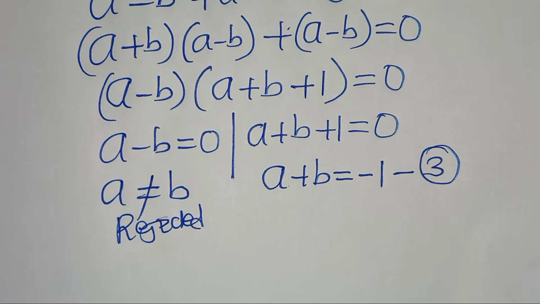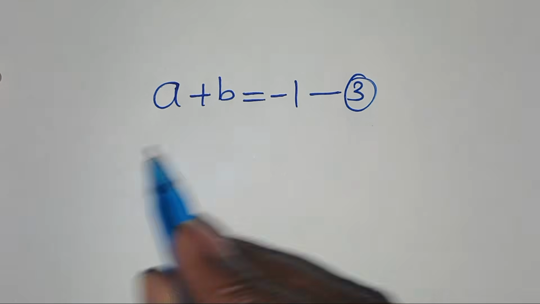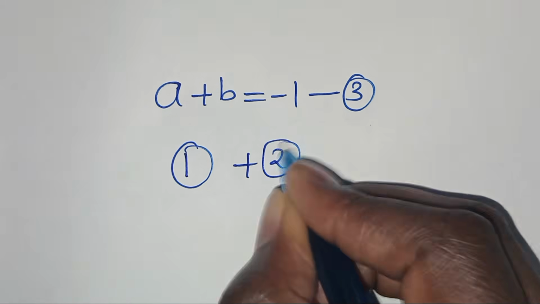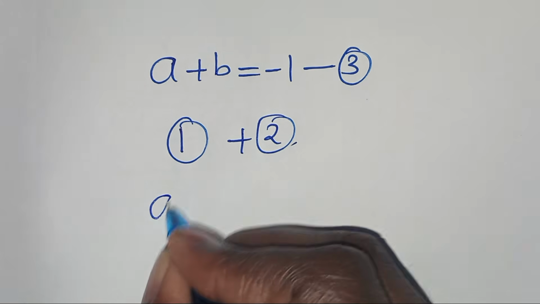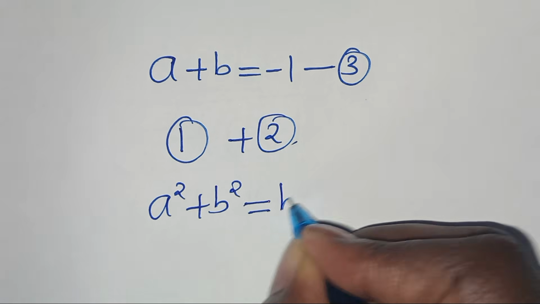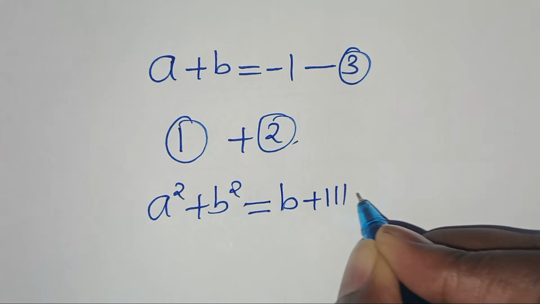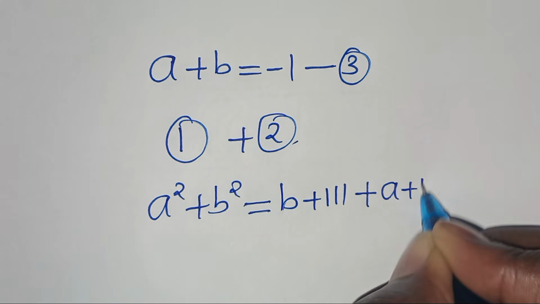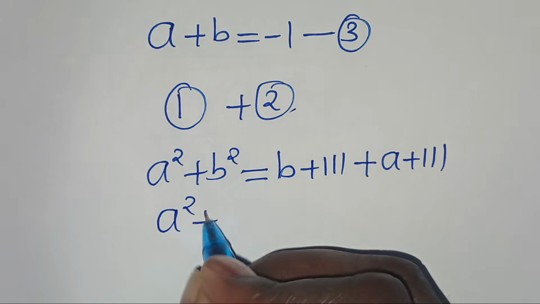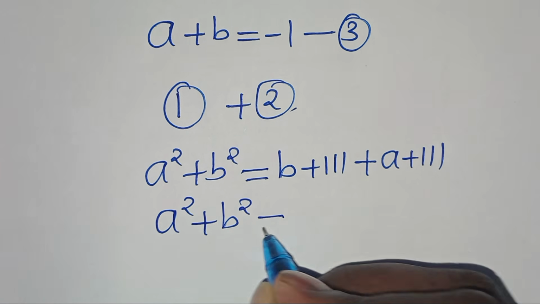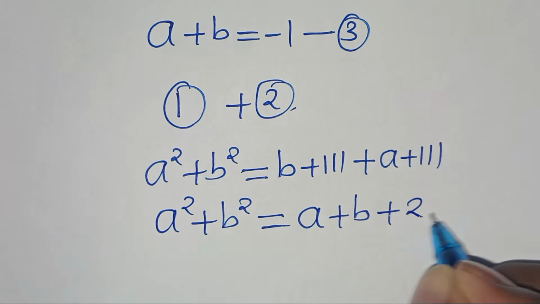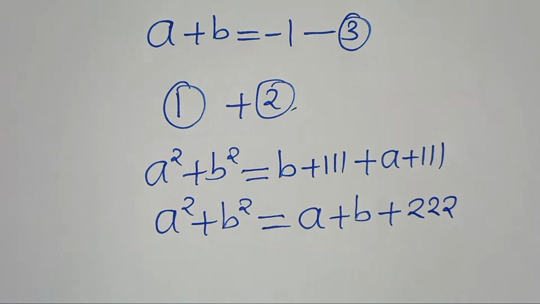Now the next step is to add equation 1 with equation 2. So we have a squared plus b squared, which is the same thing as b plus 111 plus a plus 111. So we have a to the power of 2 plus b to the power of 2 equal to a plus b plus 222.